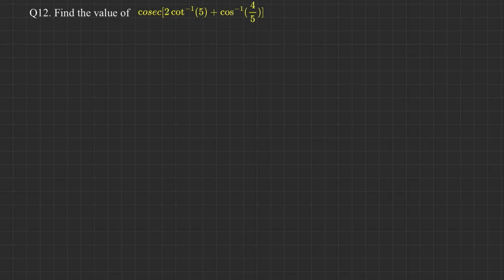Find the value of cosec of (2 cot inverse of 5 plus cos inverse of 4 over 5). So here let me consider this cot inverse of 5 as theta and this cos inverse of 4 over 5 as phi. Then my question will be cosec of (2 theta plus phi).